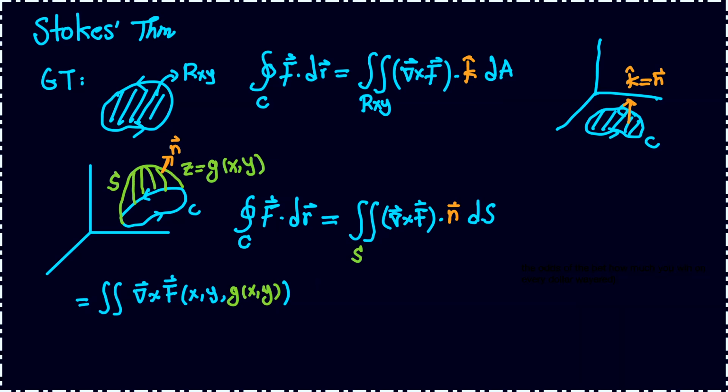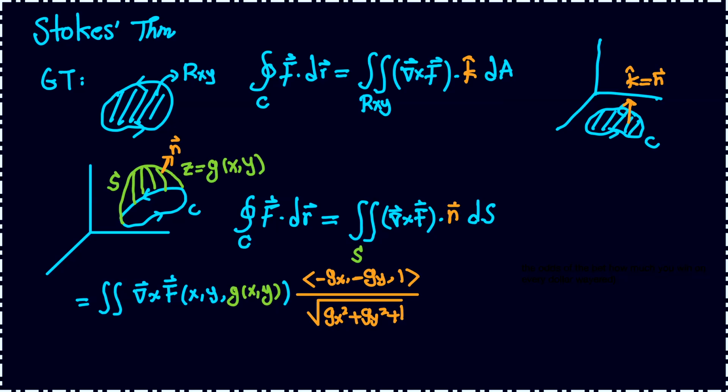The gradient made into a unit vector is negative g sub x, negative g sub y, 1 over the square root of g sub x squared plus g sub y squared plus 1, which is the magnitude of the gradient.